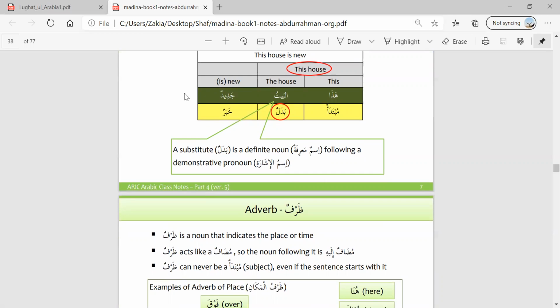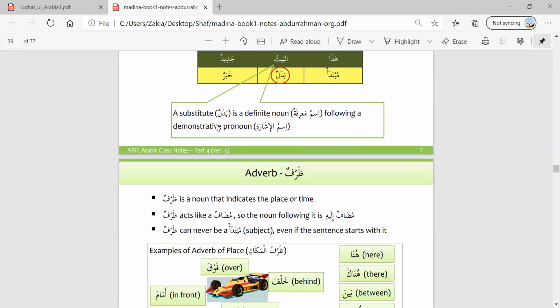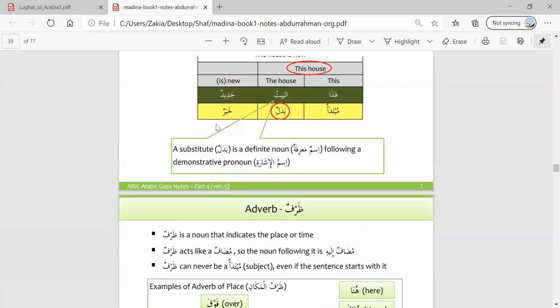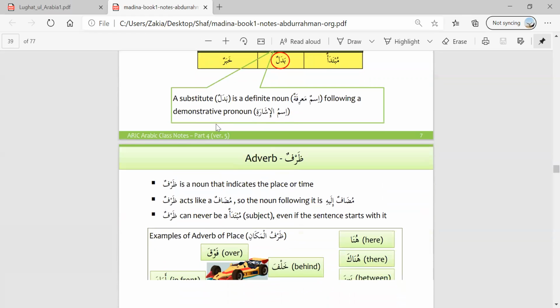Then you have khabar, which is jadid, new. So this house is new. Or this is a new house. Okay, I hope that's clear, inshallah. So that's just a little bit of grammar to understand what constitutes badal.